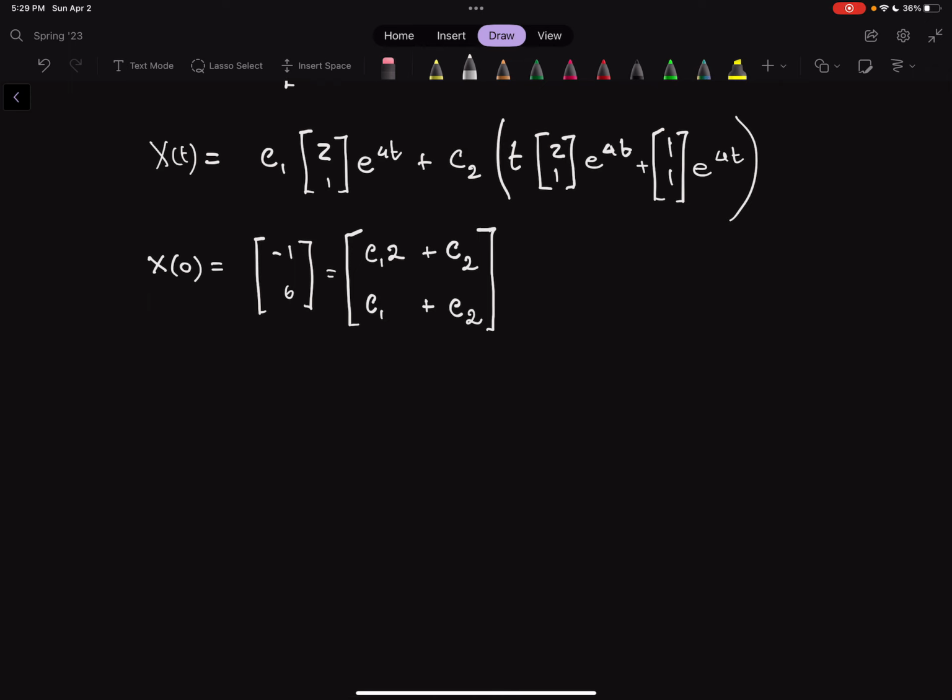And then, how do we solve this? Well, now we have two equations, two unknowns. We can say -1 is equal to C1 times 2 plus C2. And 6 is equal to C1 plus C2.